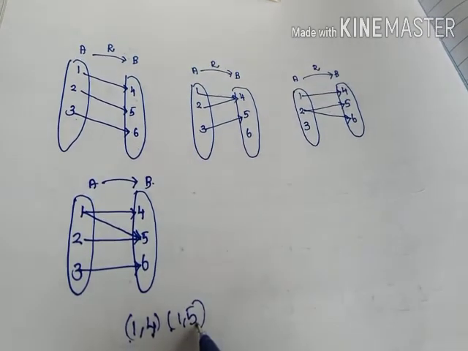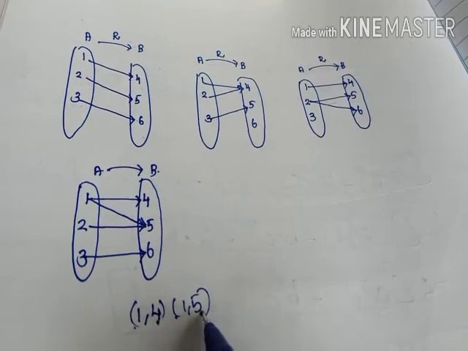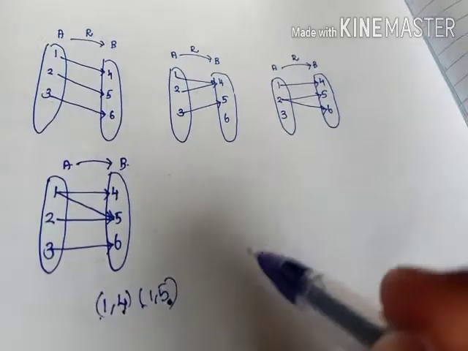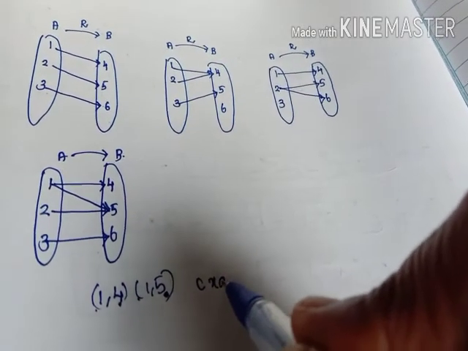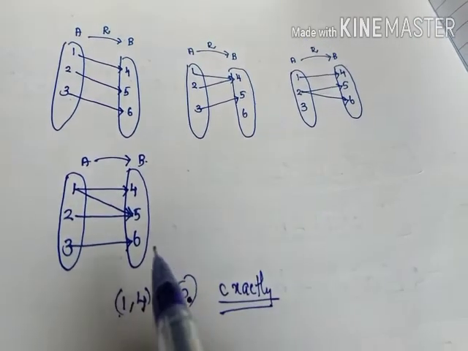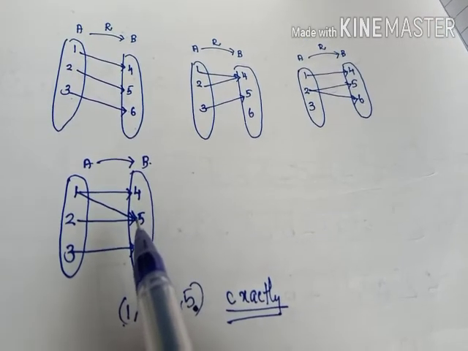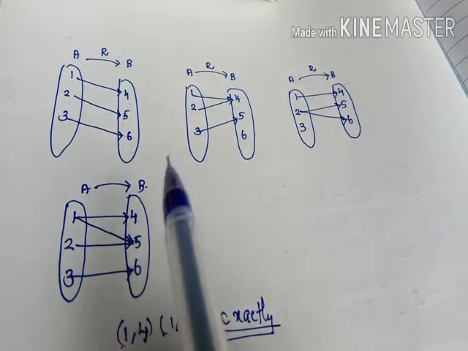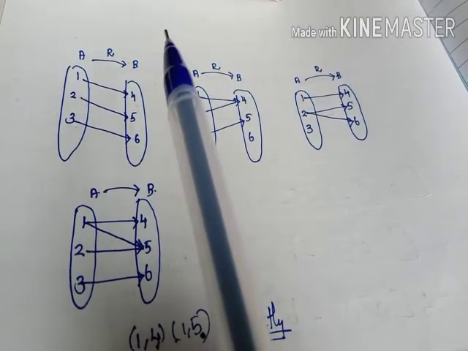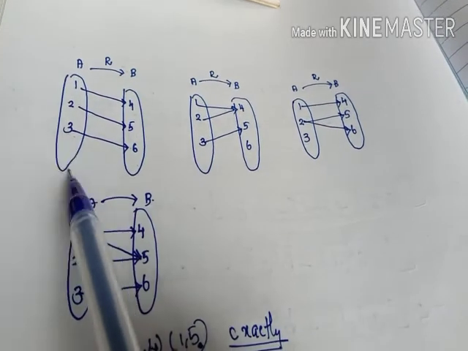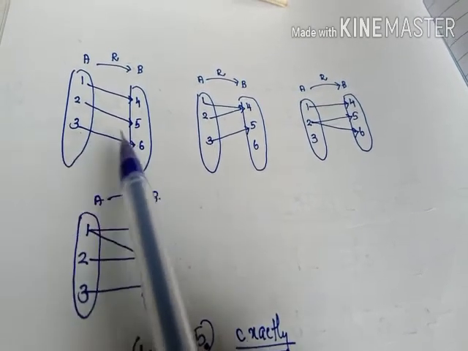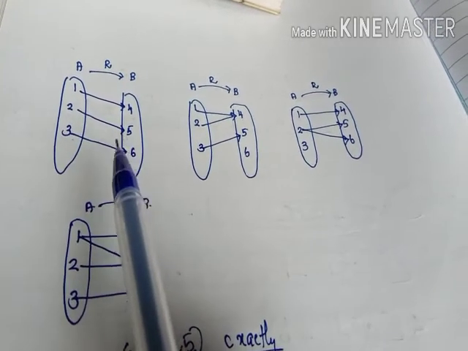So what is the definition of function? Every element of A has exactly one image, meaning one and only one image in B.